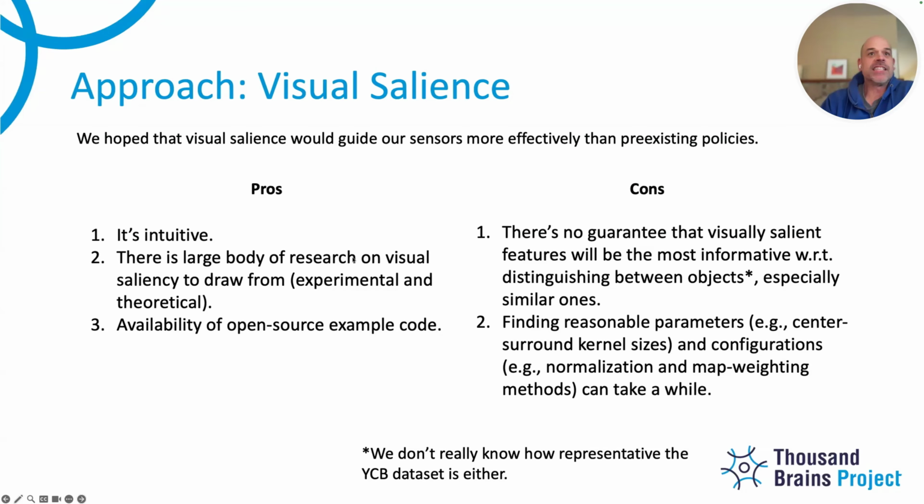There's tons of research on visual saliency, both experimental and theoretical, and there's some open source code. There's a lot of theory. One of the cons, though, and we don't have to get into this in too much detail, is that there's no guarantee that visually salient features will be the most informative with respect to object recognition, for example.